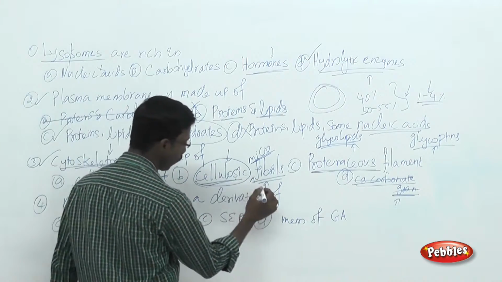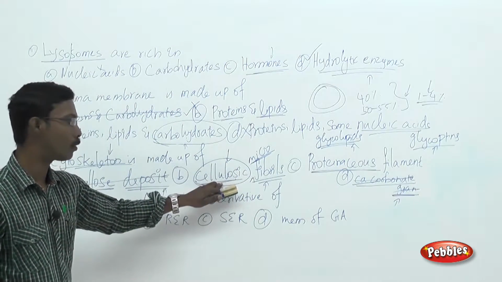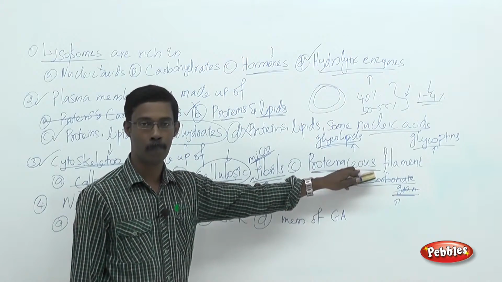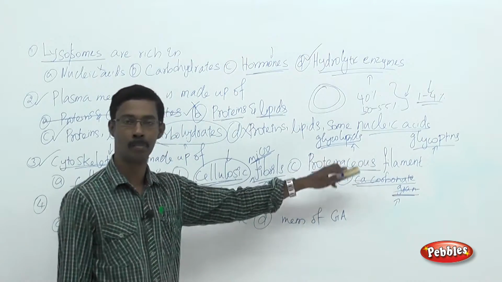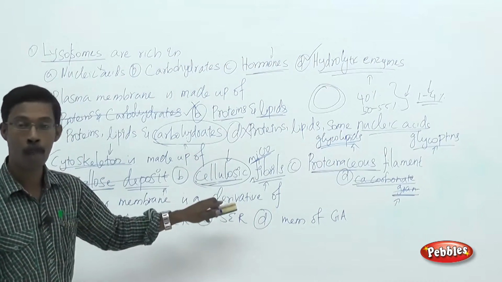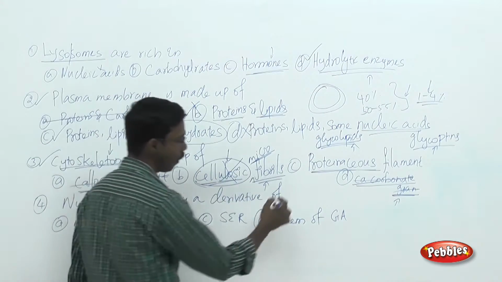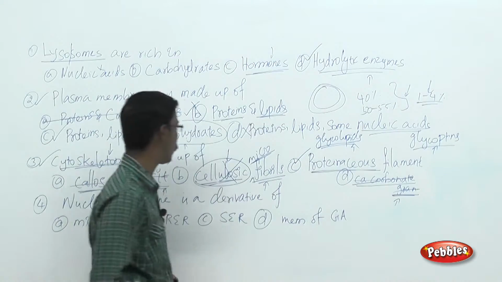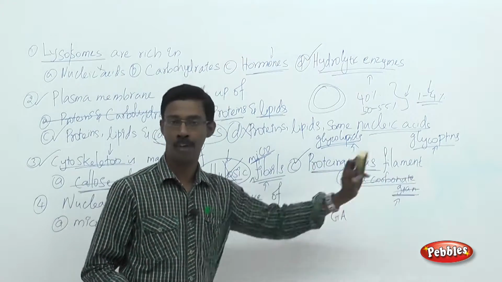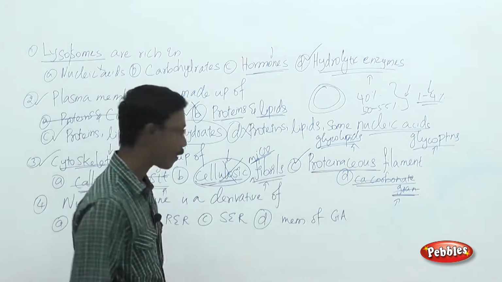You are not supposed to get confused with the cellulosic microfibrils because cellulosic microfibrils are different from the proteinaceous microfibrils. Proteinaceous microfibrils are made up of protein components and the cellulosic are made up of carbohydrate components. So the cellulosic is also the wrong answer, and the correct answer for the particular question is that the cytoskeleton is made up of proteinaceous filament. This is how you have to eliminate the wrong answers and select the correct answer.